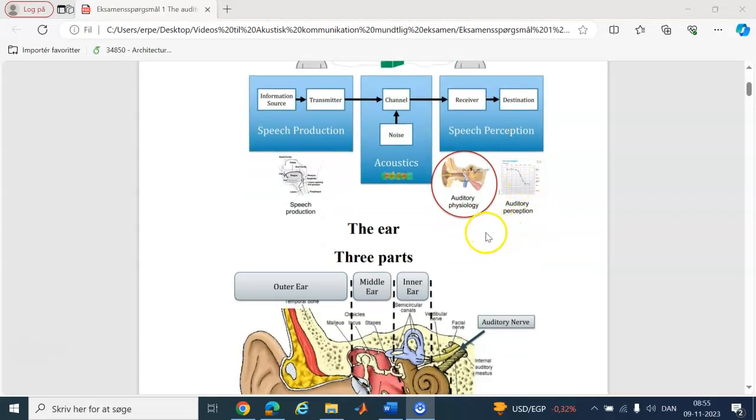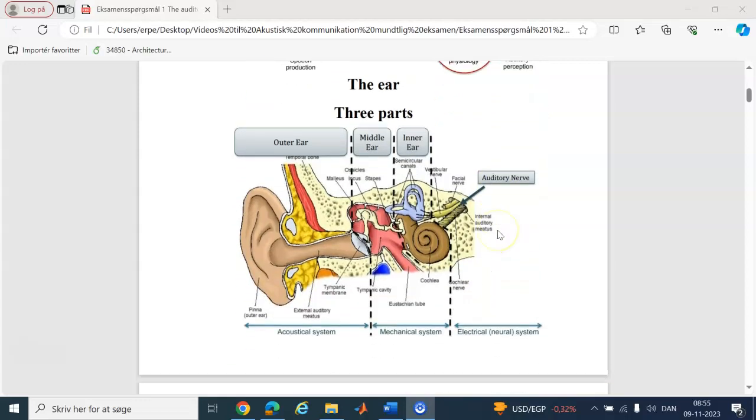So we are in the auditory physiology and auditory perception part.